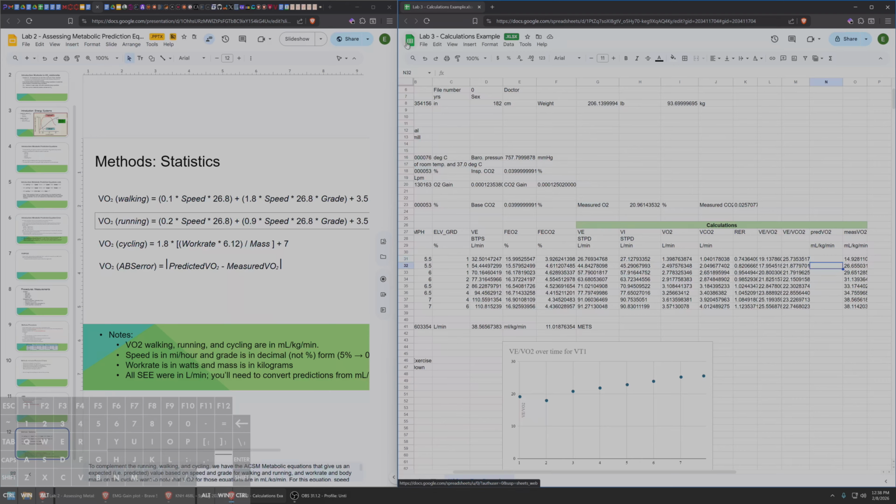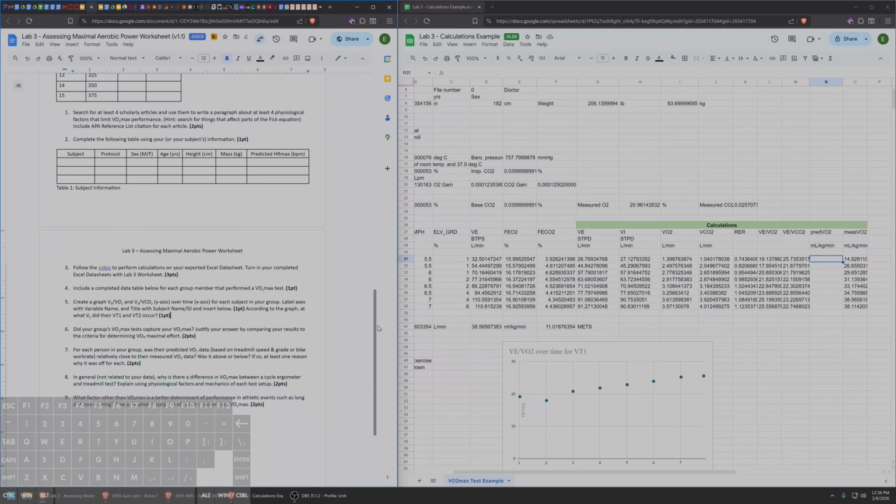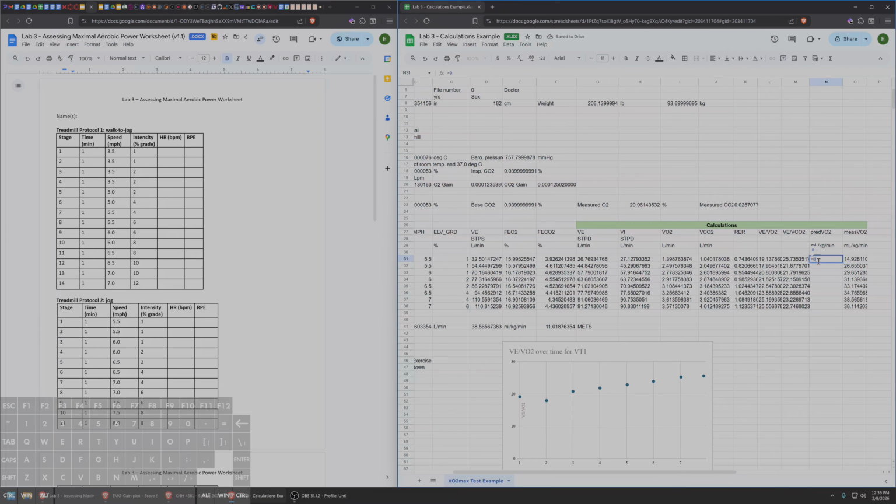Then if I wanted to do the walking, let's take a quick look at the walking. On here, the person does 4 minutes of walking and then does jogging.